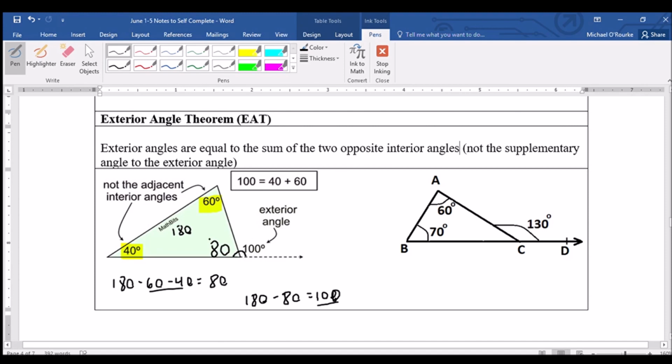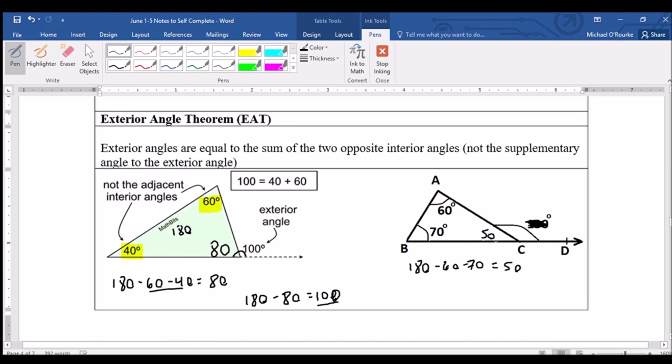And once you see it, it'll save you a step in math. Because let's say this number didn't exist. What you would do right now is go, okay, 180 minus 60 minus 70 equals 50. So that means that's 50.